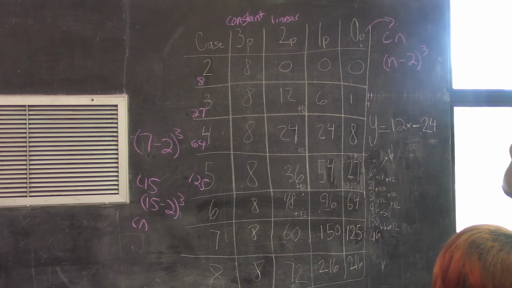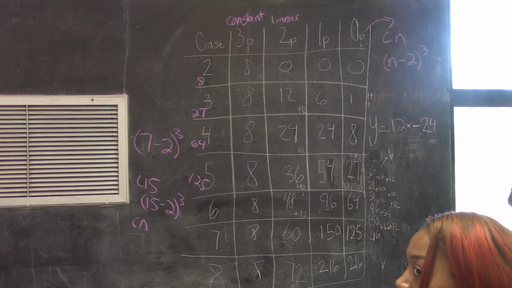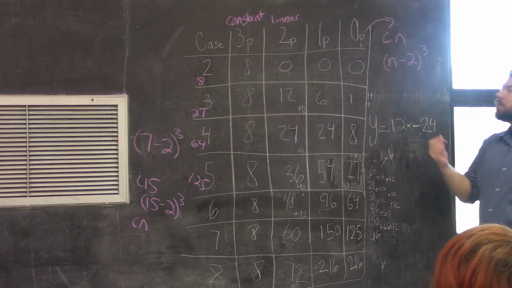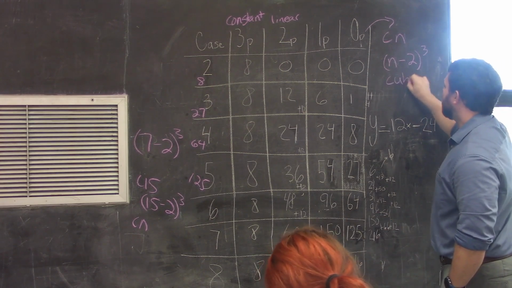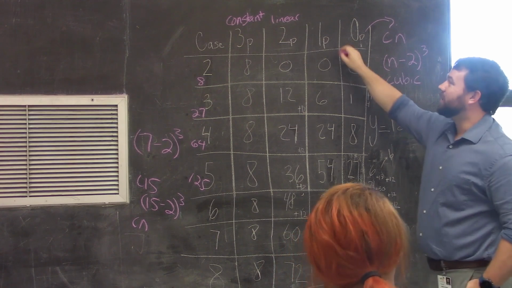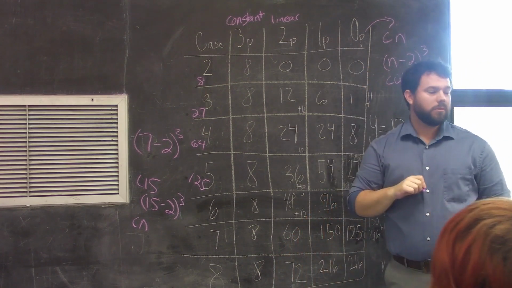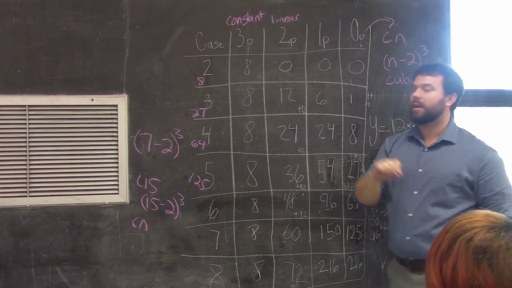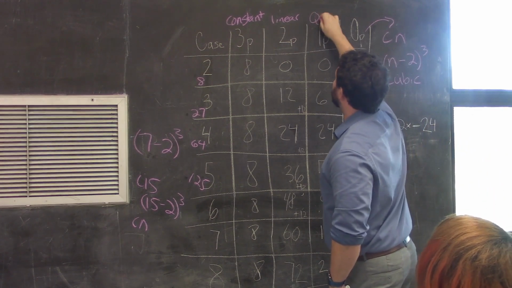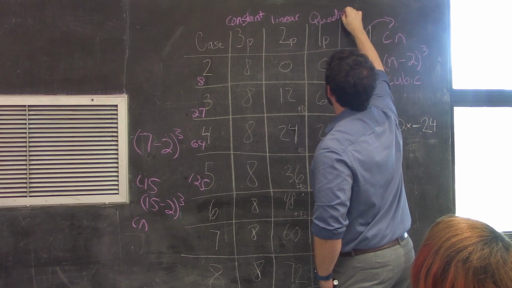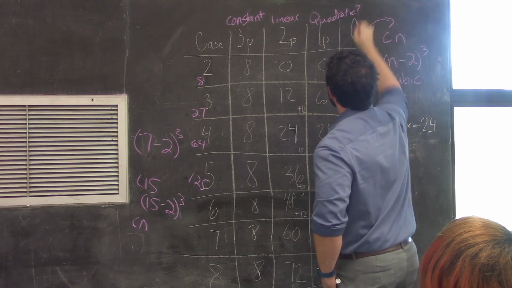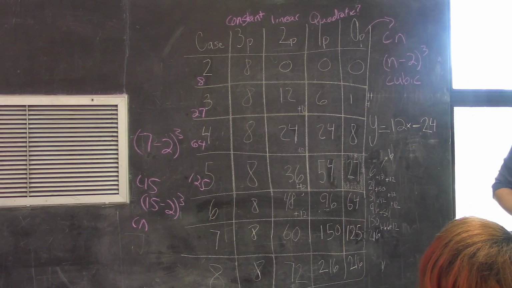N minus 2 cubed is what type of function? It's a cubic, right? Now, any predictions then? That 1 painted face might be a quadratic? Notice that's our prediction. Now, man, I really hate that we didn't get to quite finish that today.